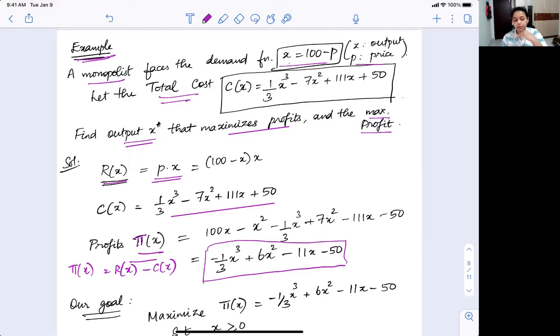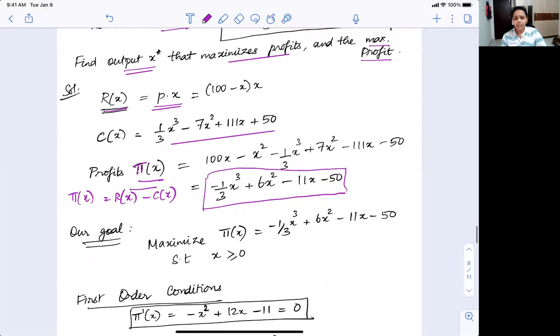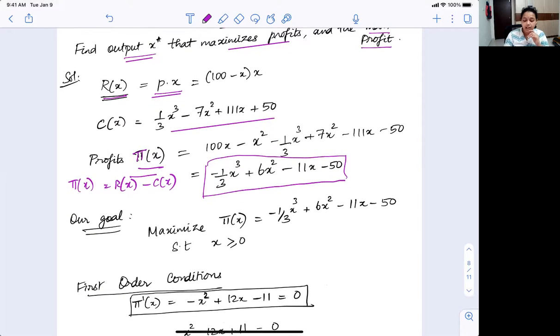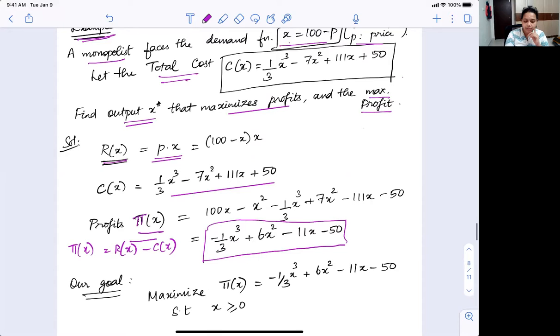I would encourage you to work through this problem on your own, but this is just a really quick example that shows us all that we need to know, tying together the interior and border solutions. So please do work through this example on your own as well. So I have a profit function here. Now remember that we want to find output X star that maximizes profits.